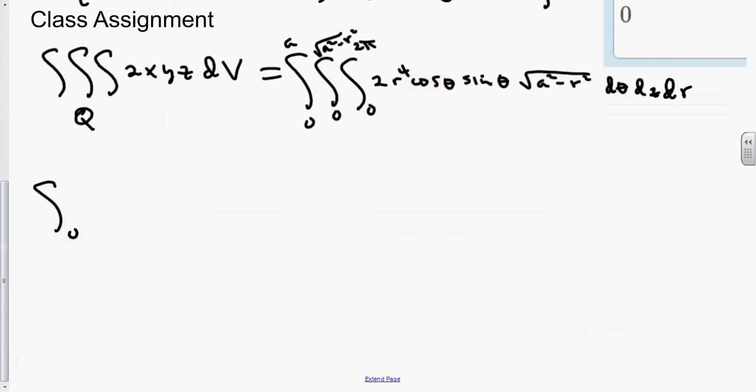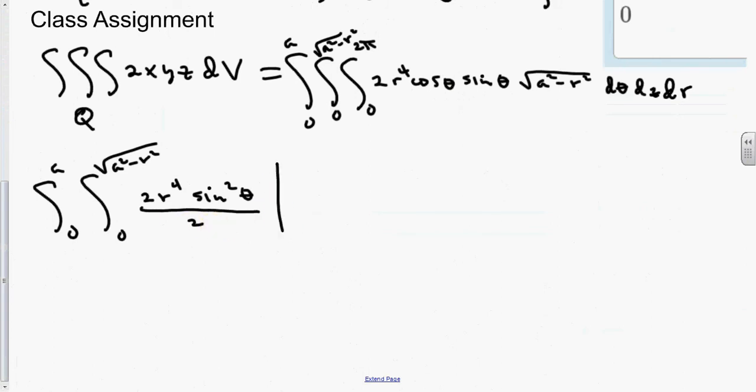So we have the integral from 0 to a, the integral from 0 to the square root of a squared minus r squared, and this is 2r to the 4th sine squared theta over 2. Here evaluate theta from 0 to 2 pi times that radical a squared minus r squared dz dr.